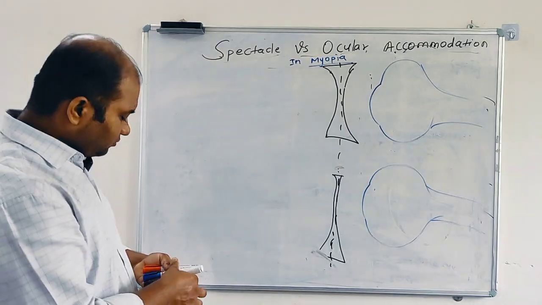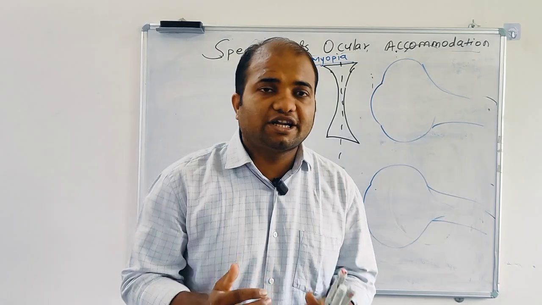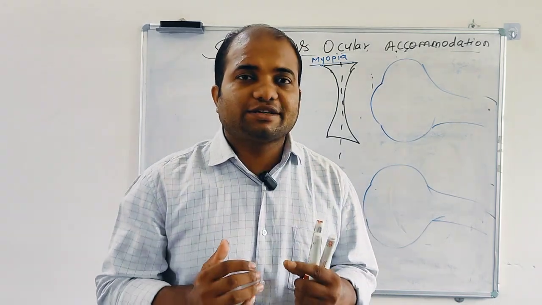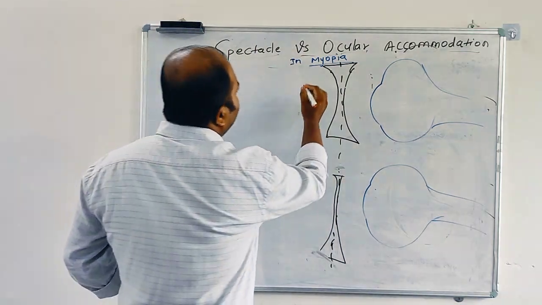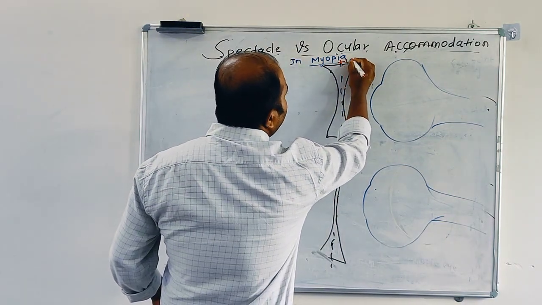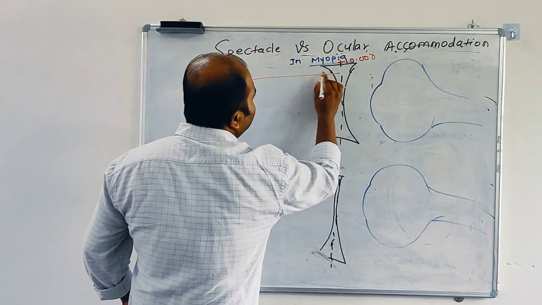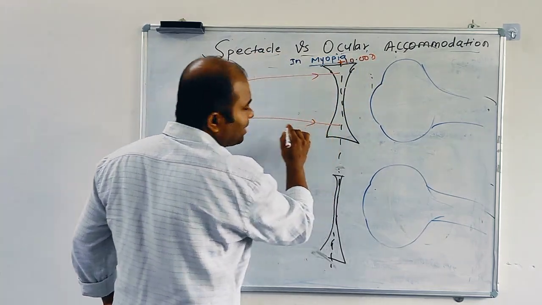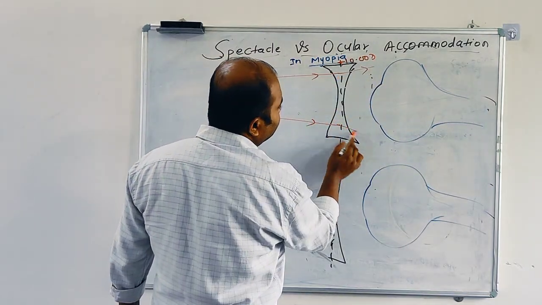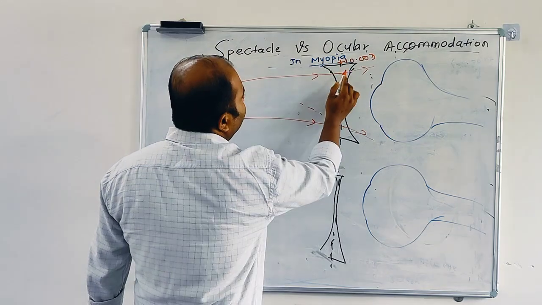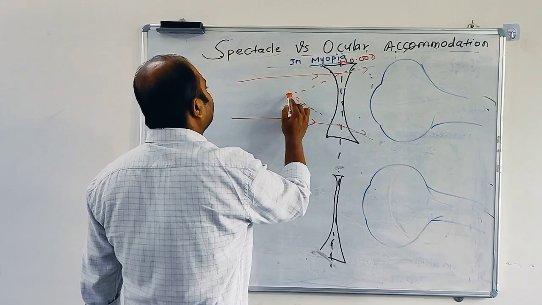So this myopia is how much? +10 diopter. Earlier I told you +10 is easy for us to do the calculation. So light coming from distance, what kind of light? Parallel rays of light. Once it comes, what will happen here? It will diverge, and it will get focused as a virtual image here, right?